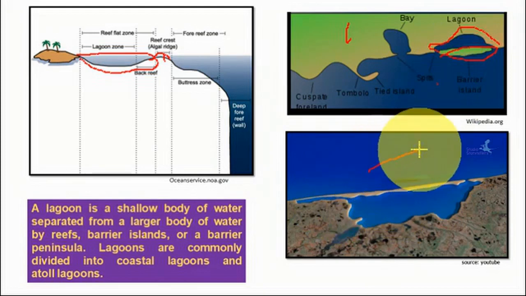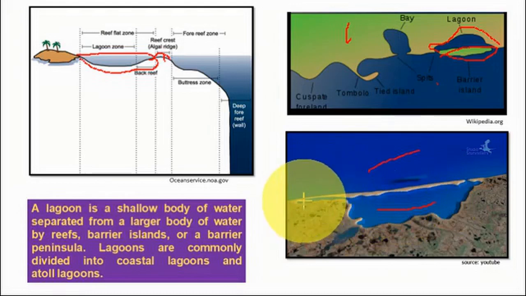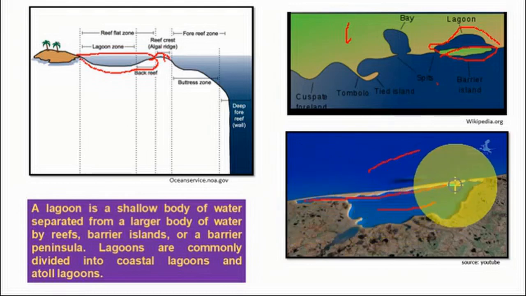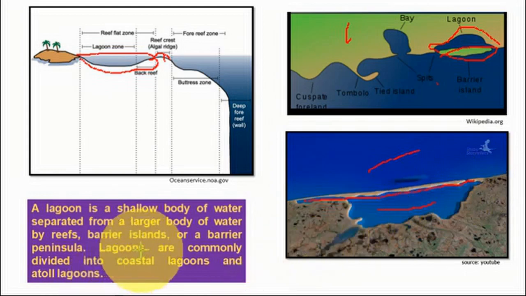This is the main water body, and this water body is separated from it by a small barrier, and this is now a lagoon. So it is any water body that is separated from a larger body of water by reefs, barrier islands, or a barrier peninsula. Many times lagoons are divided into coastal lagoons and atoll lagoons.